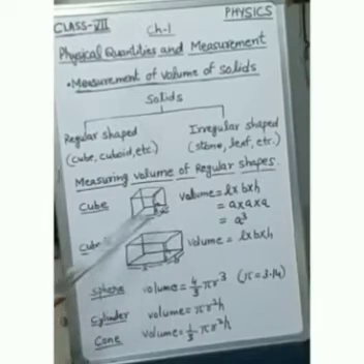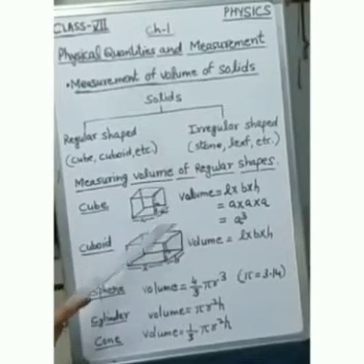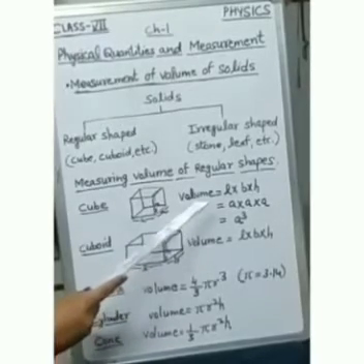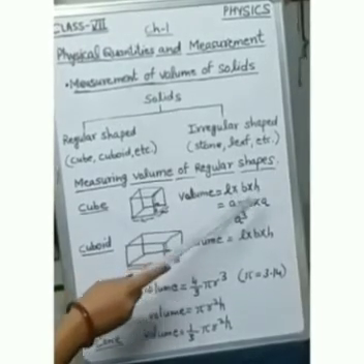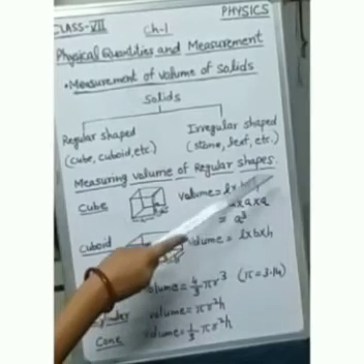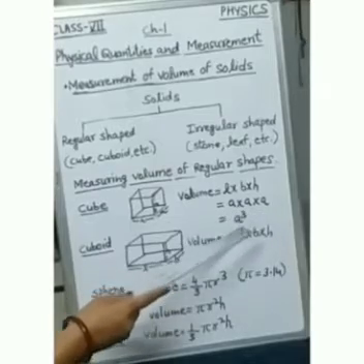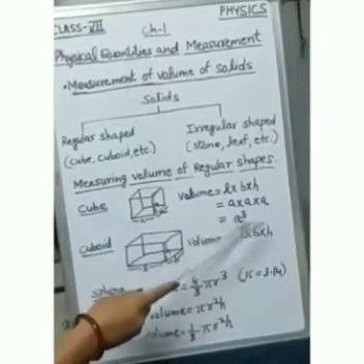So this is length, breadth and height. So volume of a cuboid will be L into B into H. Length is A, breadth is A and height is also A. So A into A into A will become A cube.